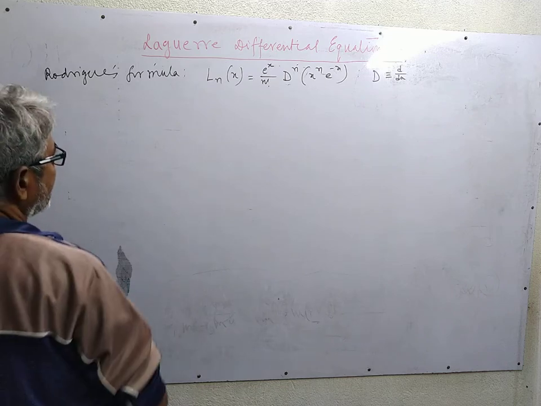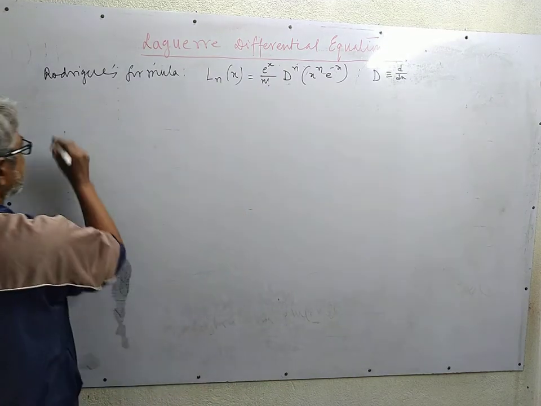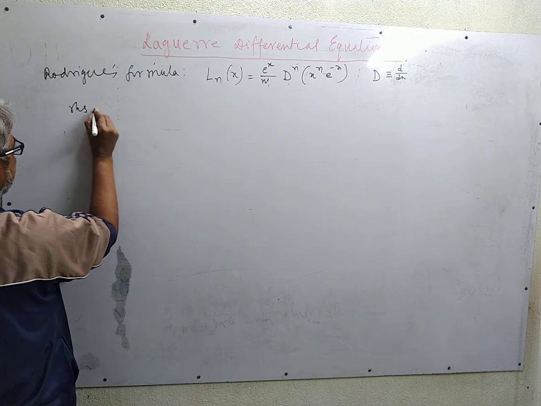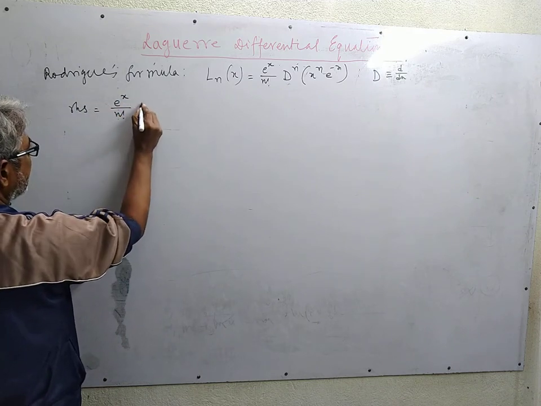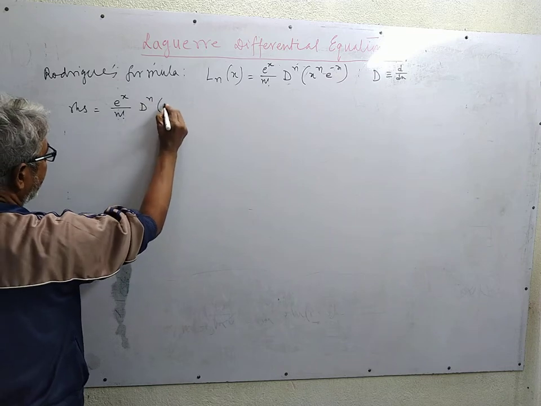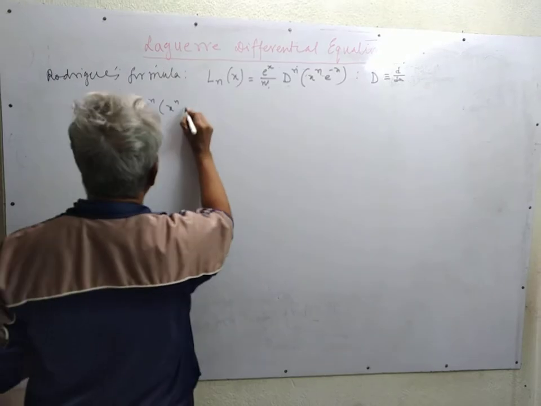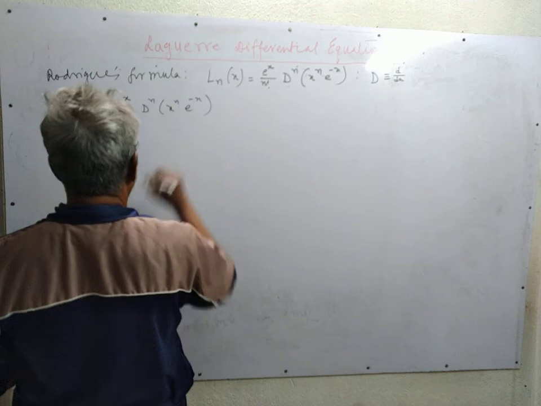To prove this, we start with the right hand side. The right hand side is e to the power x by n factorial, d^n of x^n e to the power minus x.